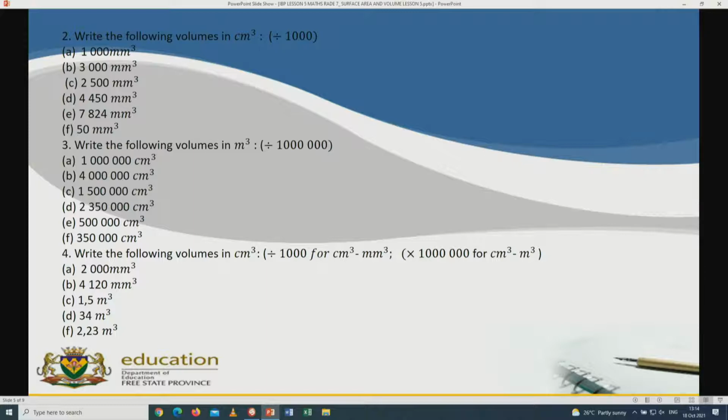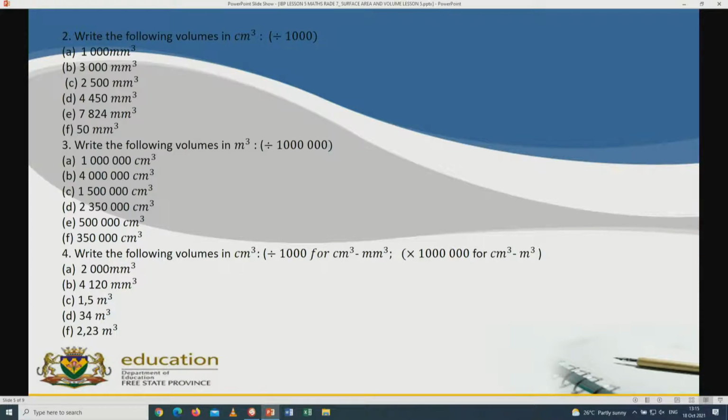To cubic centimeters. Now look at the hint that I have provided. We divide by 1000 if we are converting cubic centimeters to cubic millimeters, and vice versa. If we are converting cubic centimeters to cubic meters, then we will multiply by 1 million.